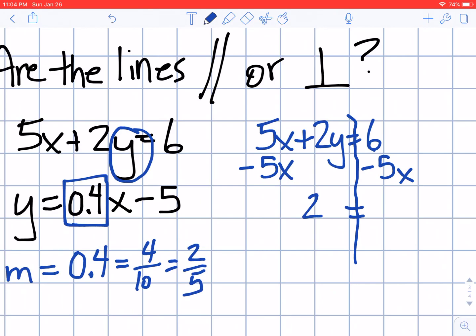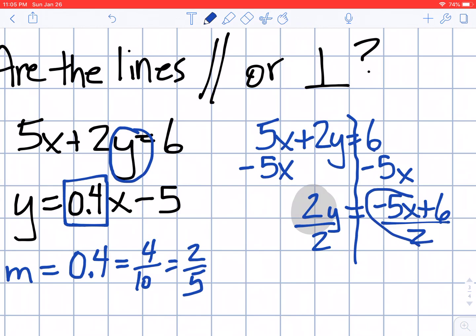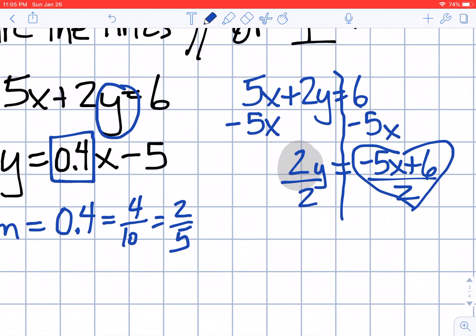I'm left with -5x plus 6. And now finally we've got to get rid of that 2 in front of the y. Again, notice it's connected by multiplication, so we will divide both sides by 2. And so here we have to divide both of these things by 2 on the right side. So we have y equals -5/2 times x plus 6.